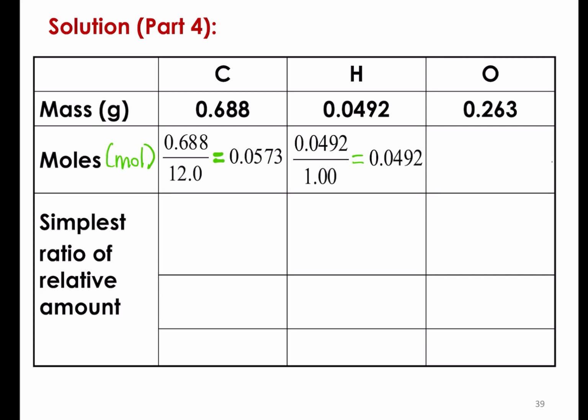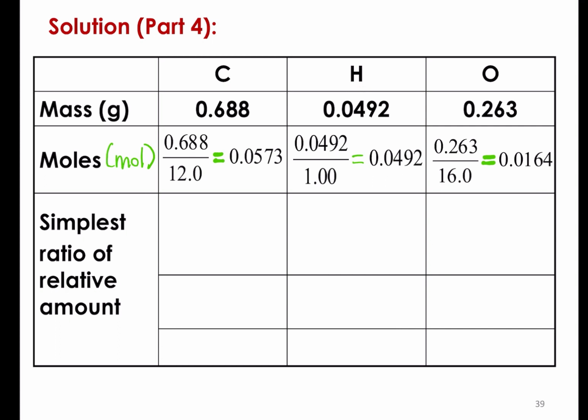And then, I got the number of mole for oxygen, which is 0.0164. Okay, dalam kes ini, kita akan bahagikan berdasarkan elemen yang ada. So, elemen kita hanya satu sahaja mole dia. So, sebab tu kita bahagi 12, 1 dan 16. Sorry, bukan number of mole, ia adalah bilangan. So, hanya ada satu sahaja.